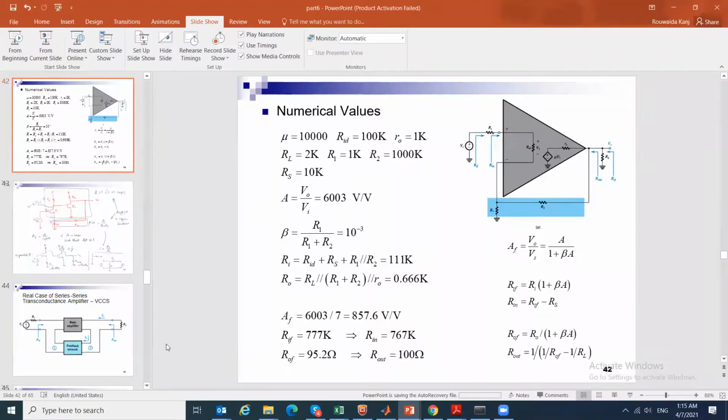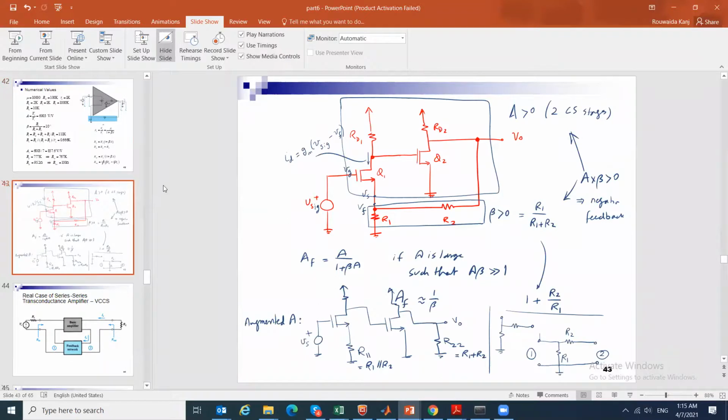Okay, now let us look at another example. One more example for the real case. So for this example, it's a complex example, but I'm just going to walk you through it. We have a forward path like a common source amplifier, from the gate to the drain, and then from the gate to the drain, and then we have the output.